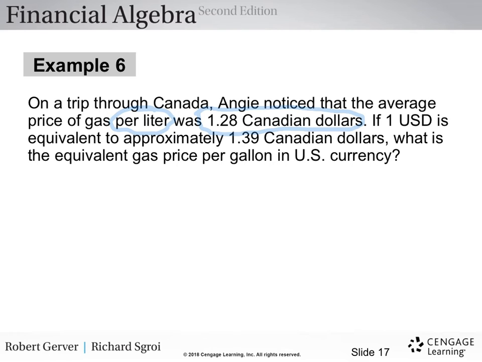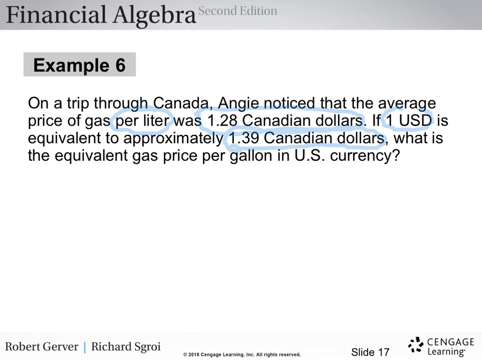Now, that's not $1.28. It's Canadian dollars, but it's per liter, not per gallon. If $1 is equivalent to approximately 1.39 Canadian dollars, and this varies, by the way, from day to day, not too significantly, but this is sort of an average here.